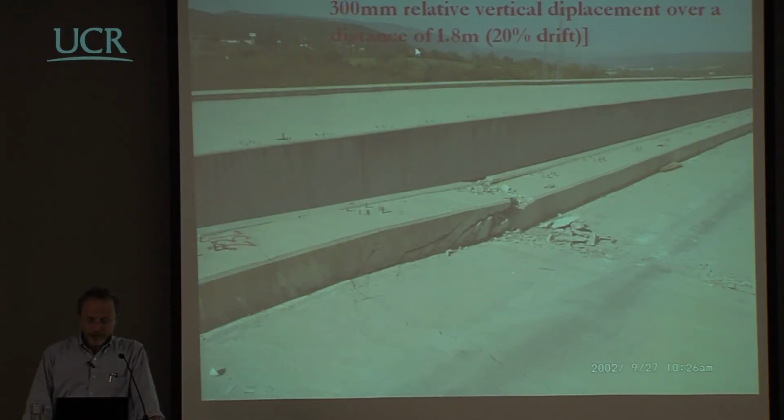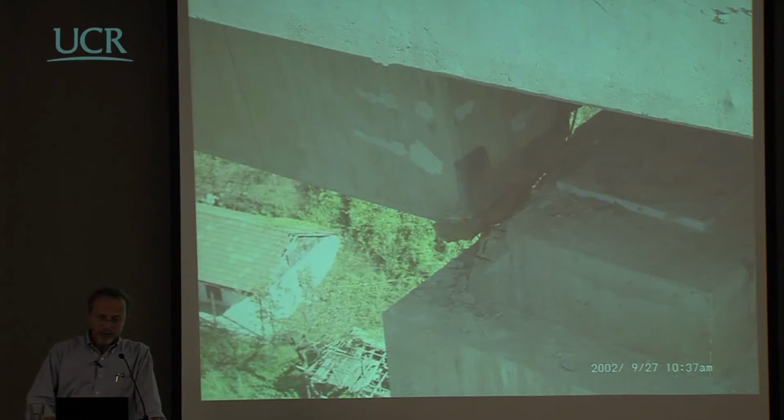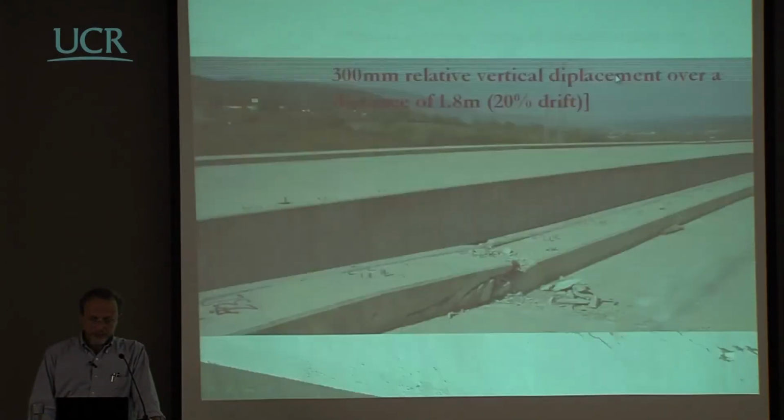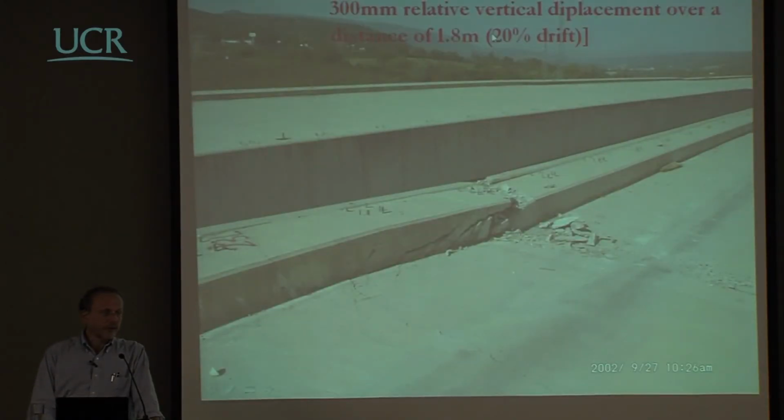So what I mean is that the relative displacement between this beam and the other one was approximately a drift of 20%, which is a rather large drift, and actually is a kind of displacement that could not be dealt with just considering the standard way that we use in flexure and shear.